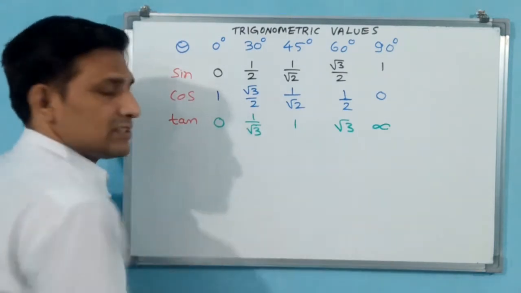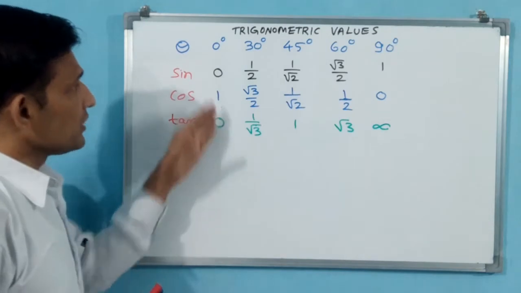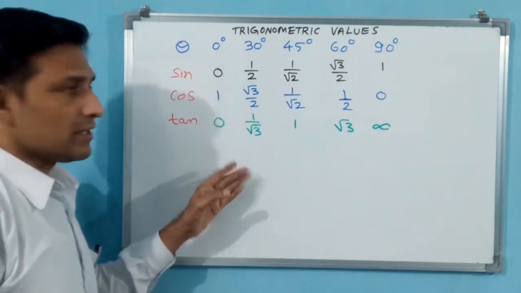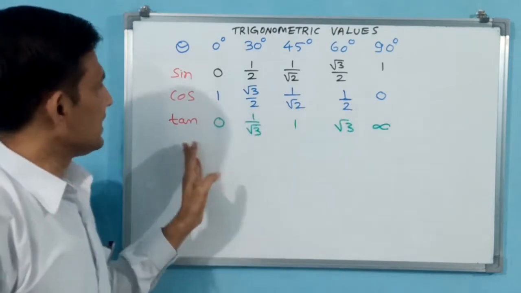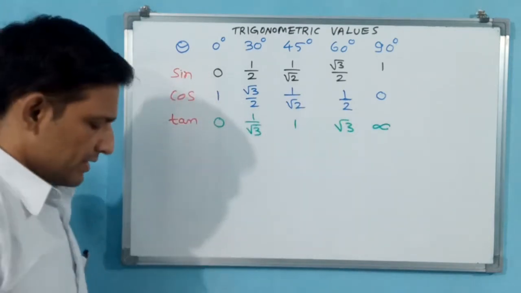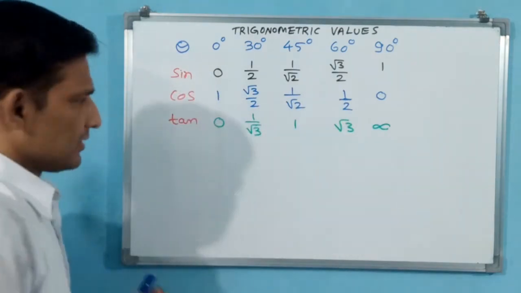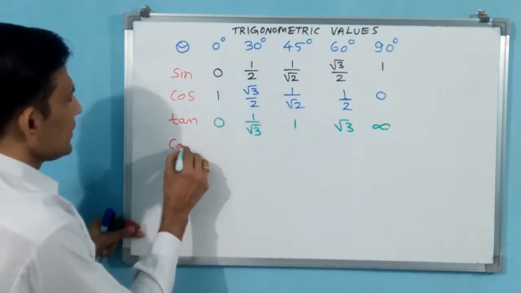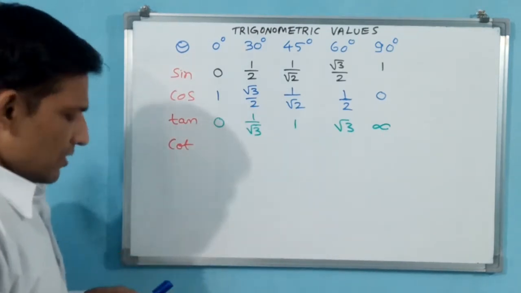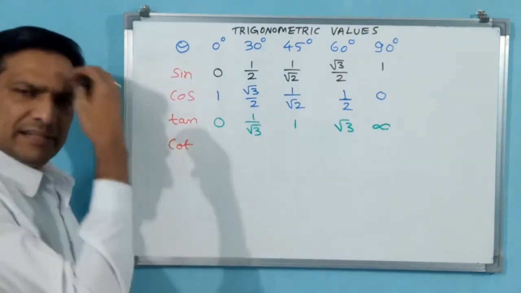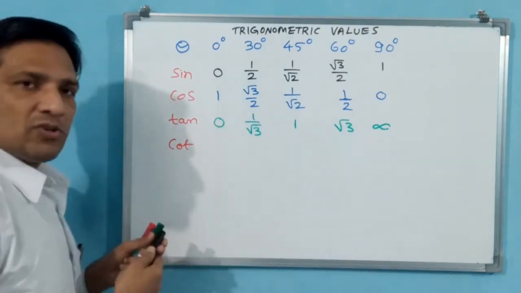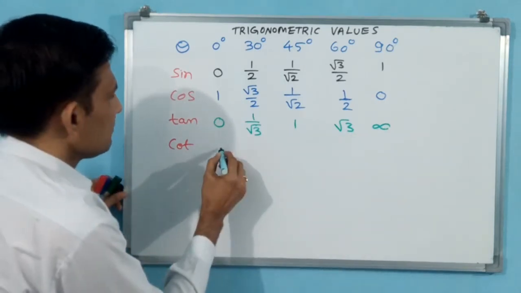Now we have seen tan also. With only these 5 results, cos we have reversed and tan also we have made. Let us go for cot. Cot theta means 1 by tan theta. 1 by 0, again infinity will come.